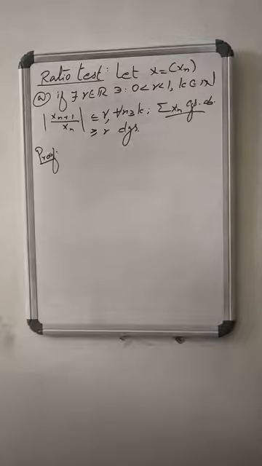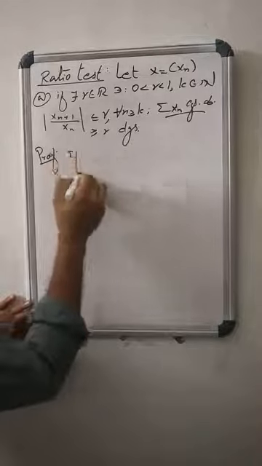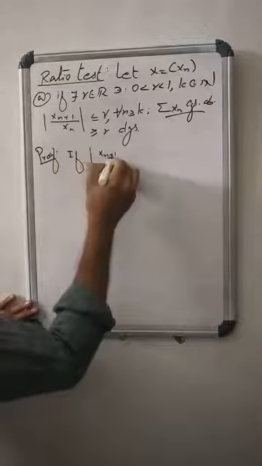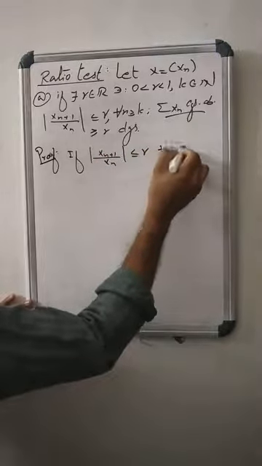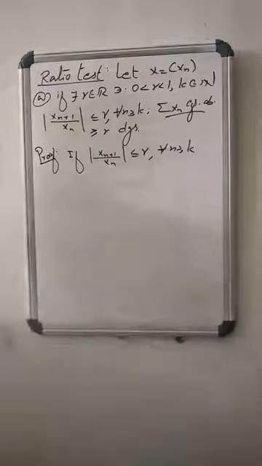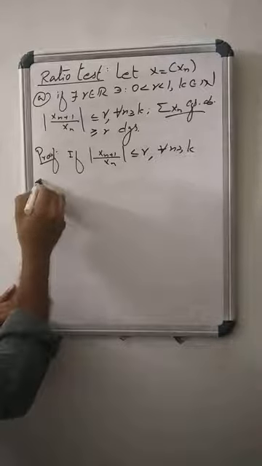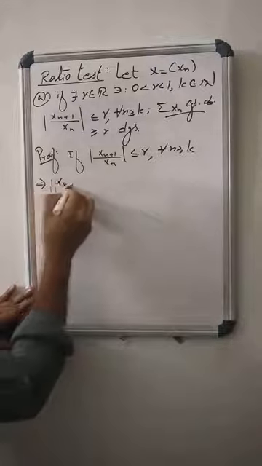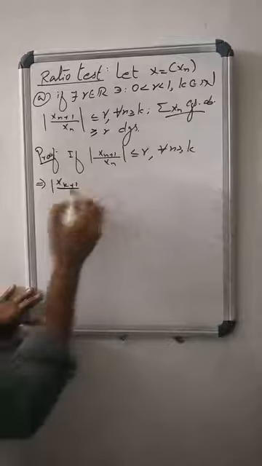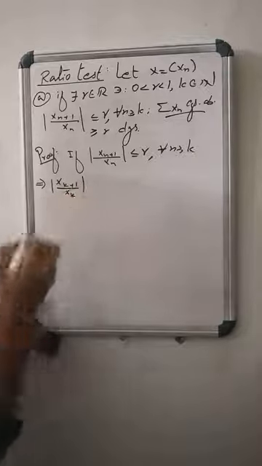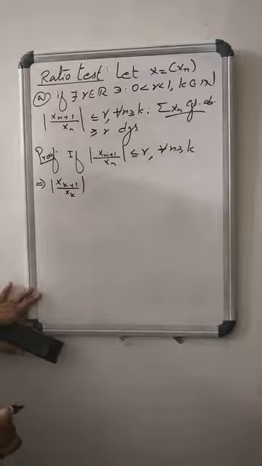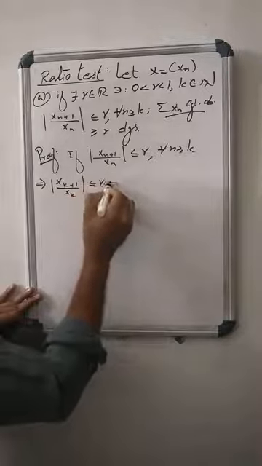If modulus of xn+1 by xn is less than or equals r, it is true for every n greater than or equals k. So that means, put n equals k: modulus of xk+1 by xk is less than or equals r.